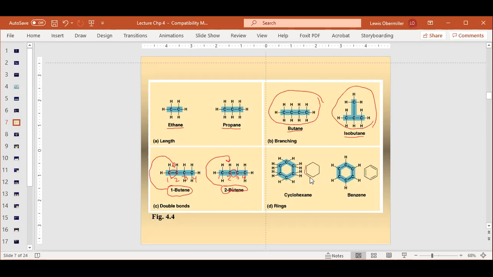Yeah. And then we can make ring structures. So that's funky. We can put double bonds in ring structures, and that's funky. So we can do all kinds of things with carbon and make all kinds of crazy shapes and do all kinds of crazy double bond additions, which allows carbon to make all kinds of different chemicals with different properties.